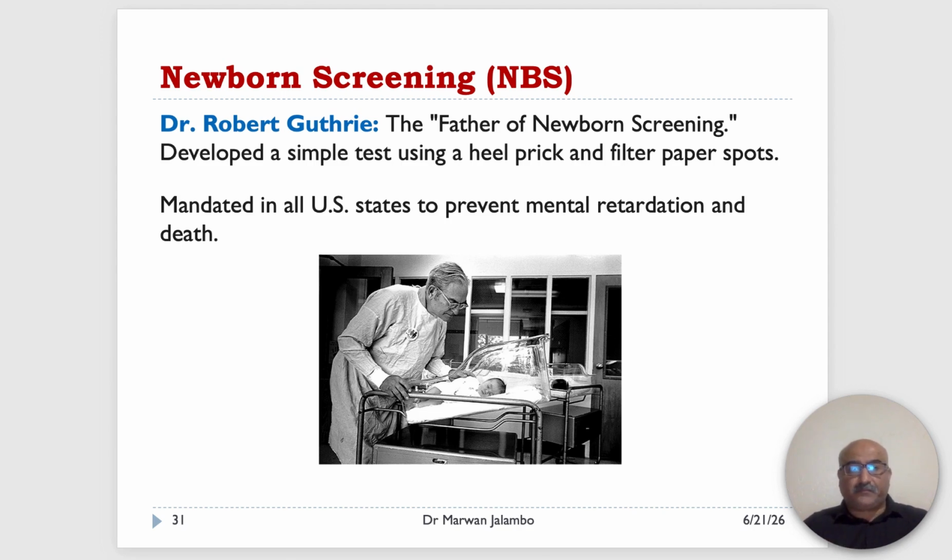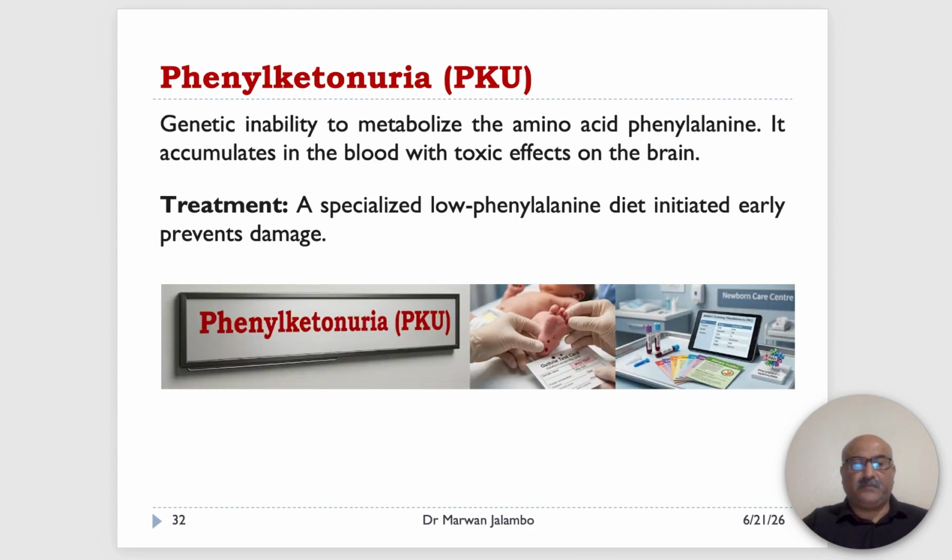Today, newborn screening is a public health mandate in most countries, designed to catch invisible diseases before they cause permanent harm. Phenylketonuria, or PKU, the disease that started the newborn screening revolution.